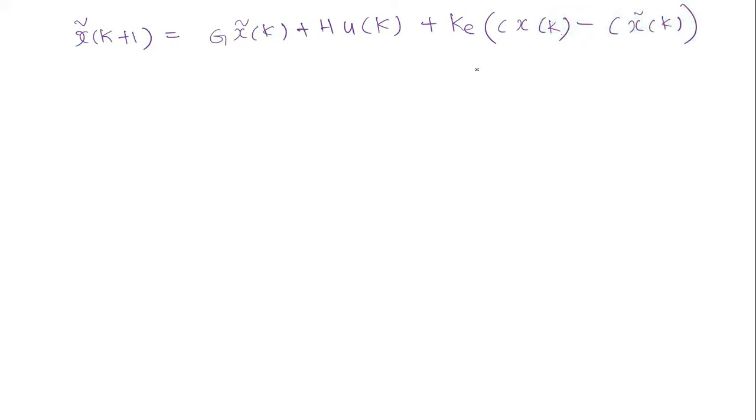In this equation x tilde of k is common, so simplifying: g minus kec times x tilde of k plus h u of k plus ke c x of k.